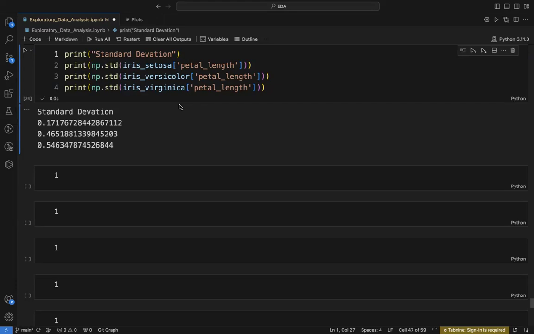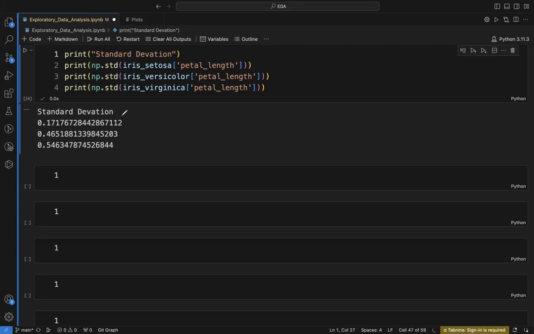Now, here is an important thing. If you look at the standard deviation, this is again Setosa, this is again versicolor, and this is again Virginica.